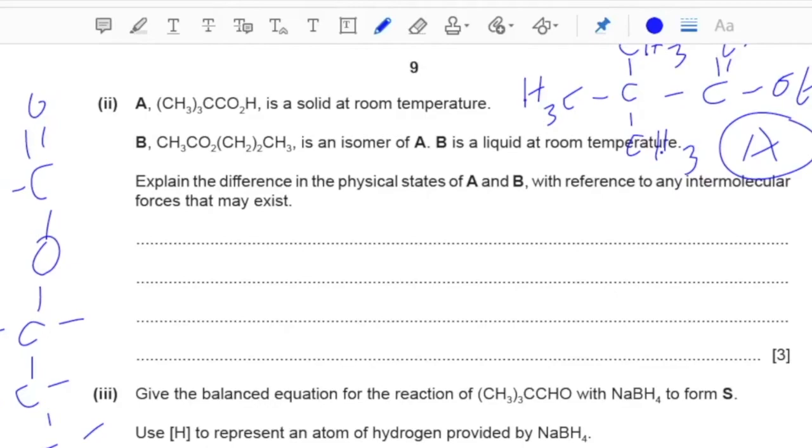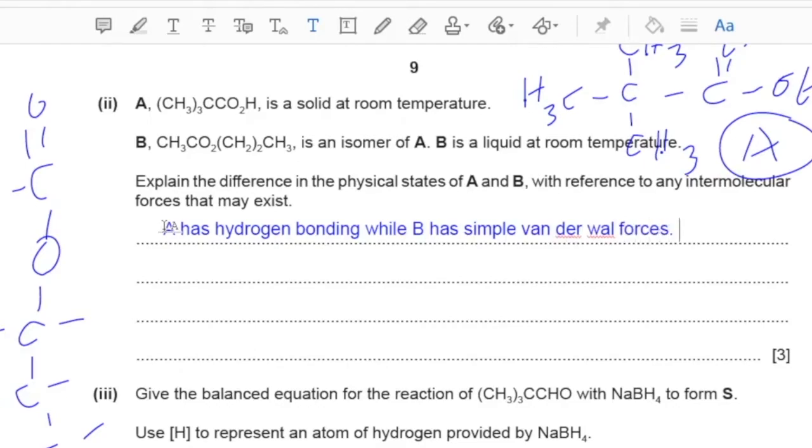They're saying in terms of their intermolecular forces, you need to explain the difference in their physical states. So I see that A has got a hydrogen bonding over here between O and H, while B has only got van der Waals forces between molecules. So I'll write A has hydrogen bonding while B has simple van der Waals forces.